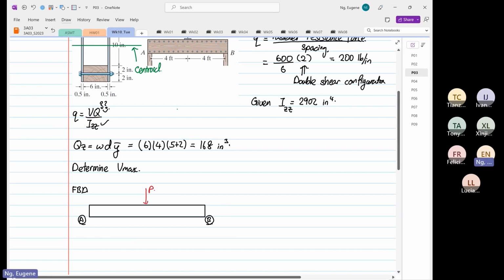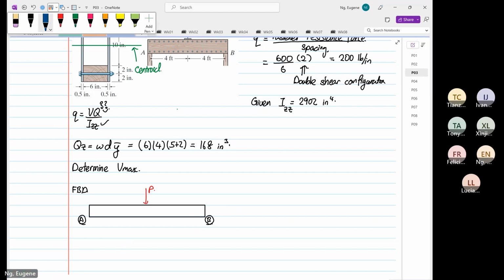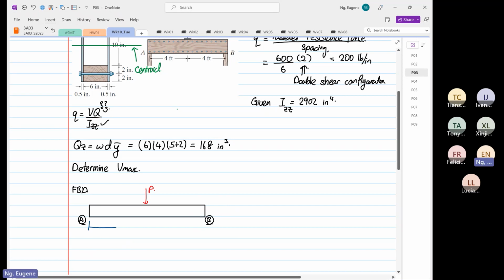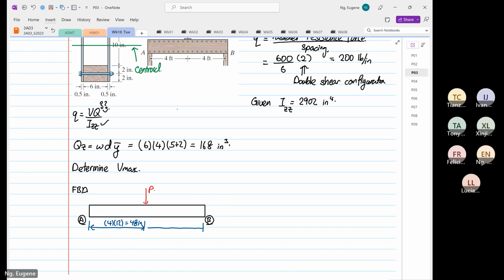This is our P. We are also given that from here to here is equal to 4 multiplied by 12, which is equal to 48 inches. We have to convert everything to inches because our stresses are in pounds per square inch. Likewise from here to here is also 48 inches.